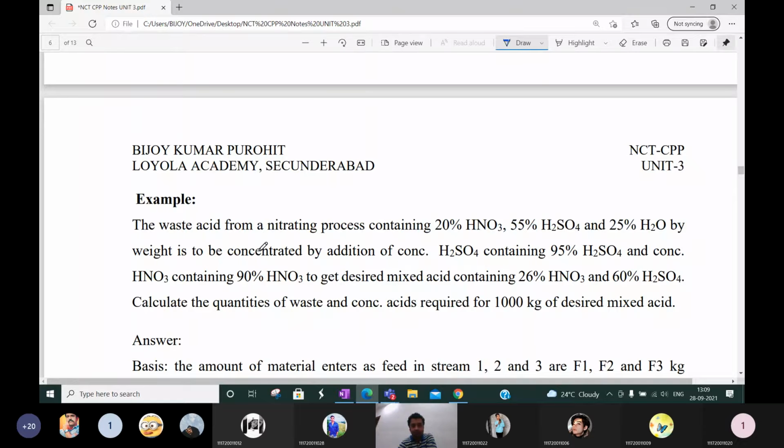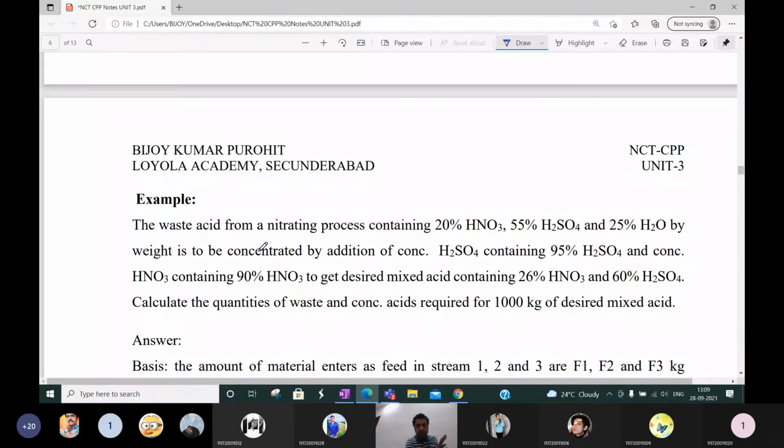The waste acid from a nitrating process. It is a certain process. From that process, certain waste acid is coming. What is the composition of the waste acid? That waste acid contains 20% HNO3, 55% sulfuric acid, H2SO4, and 25% water. Okay, the first line is clear.